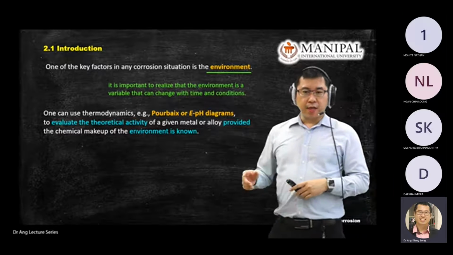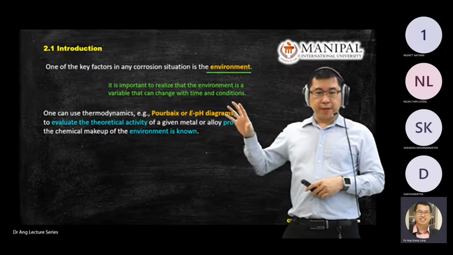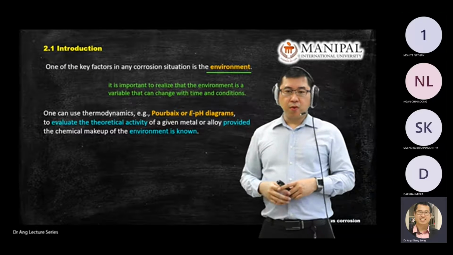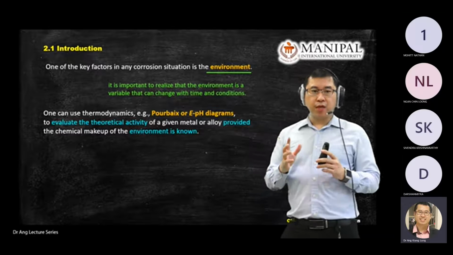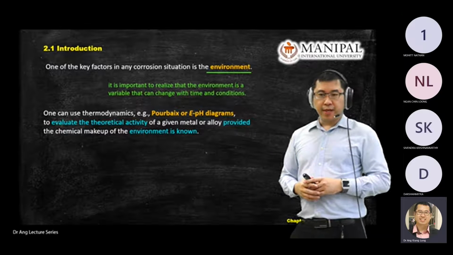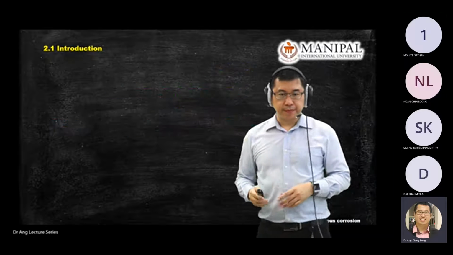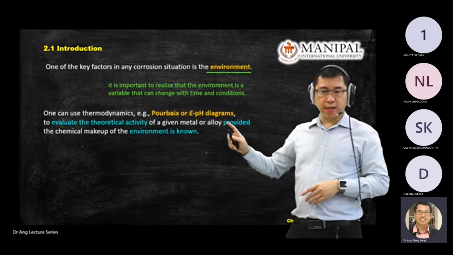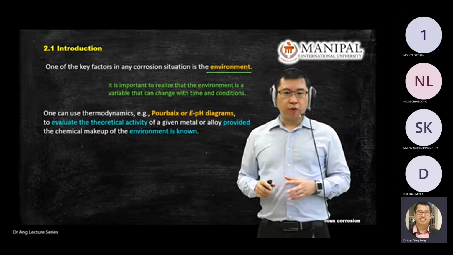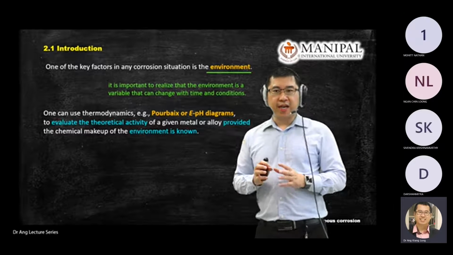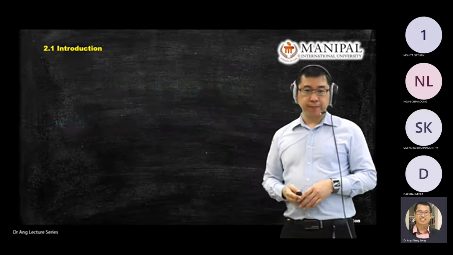All right. So these are the basic ideas of how we start to look at corrosion and how we do analysis on the corrosion. So these are the two introductions for how we analyze corrosion.